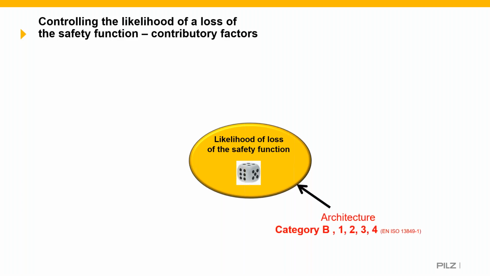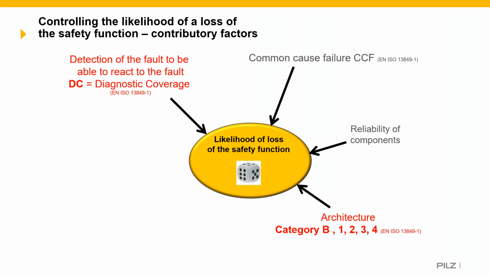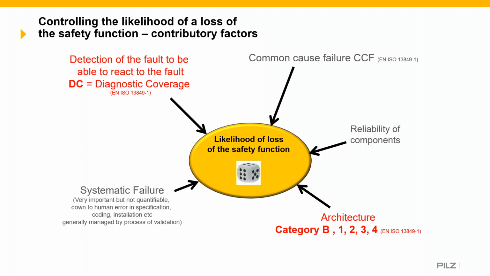It's made up of the architecture, detection of the fault to be able to react to the faults, that's the diagnostics coverage, the reliability of the components, common cause failure, and systematic failures. These are down to human error, so that could be how it was installed, etc.